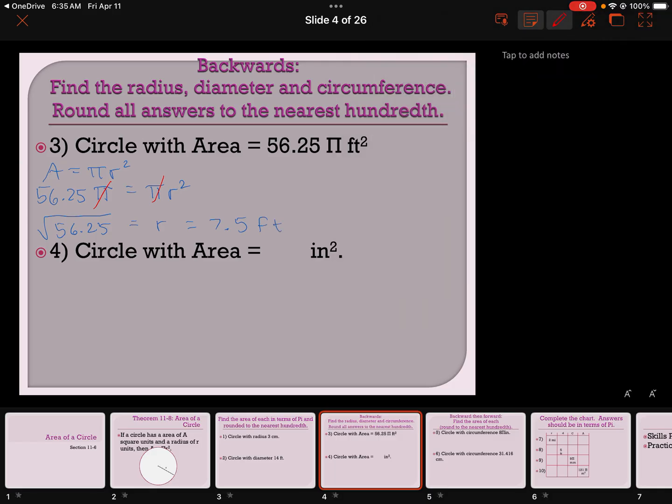And this is in feet. First power. We're not finding an area, we're finding a radius. Okay. Now, if that's your radius, wouldn't that make the diameter 15 feet? Wouldn't that make the circumference 15 pi feet?